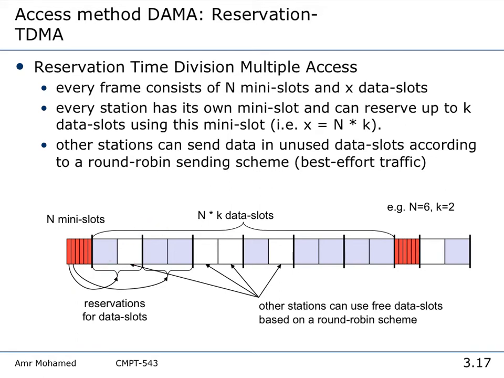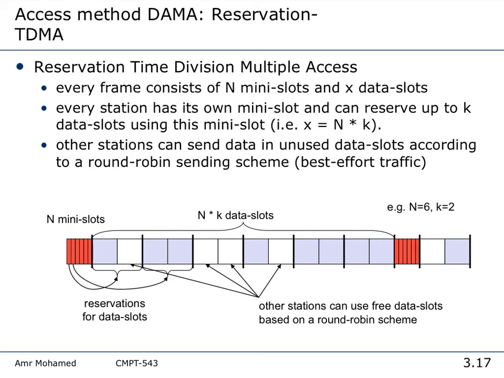So the access point needs to inform everyone which time slots are allocated to it. Maybe one or two of the nodes will request one time slot, two time slots, right? Which means that some of these time slots may be empty or idle, if I happen to have n times k.